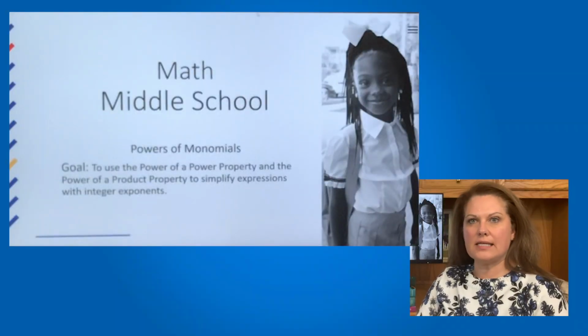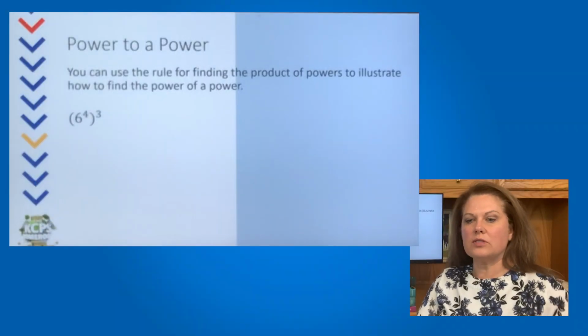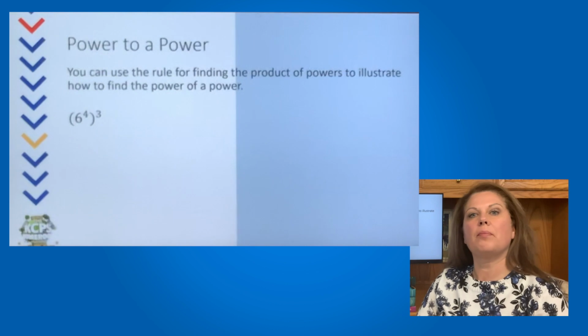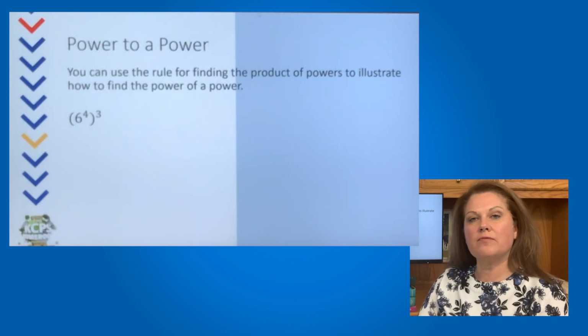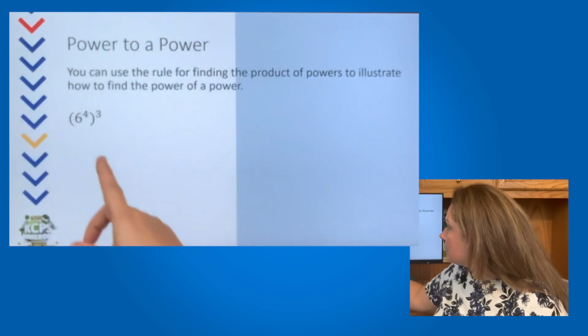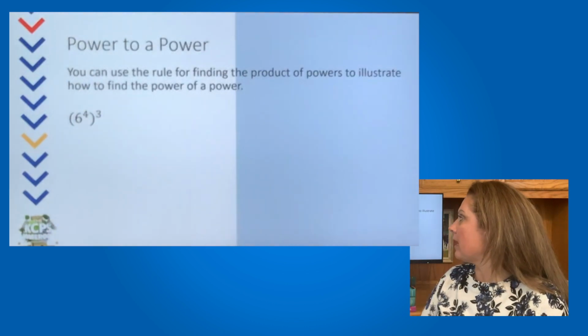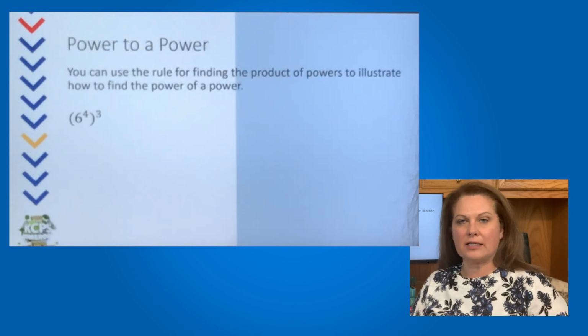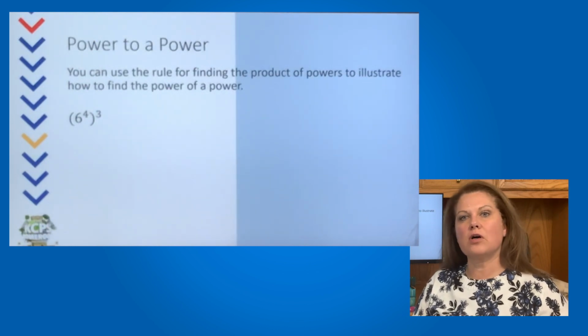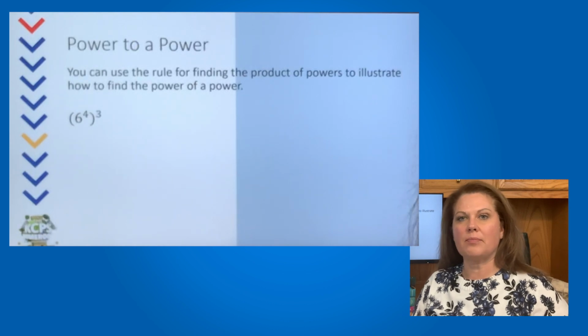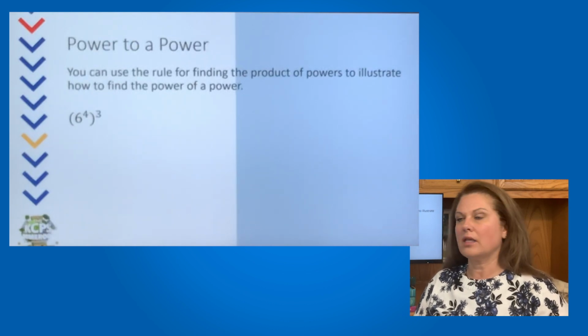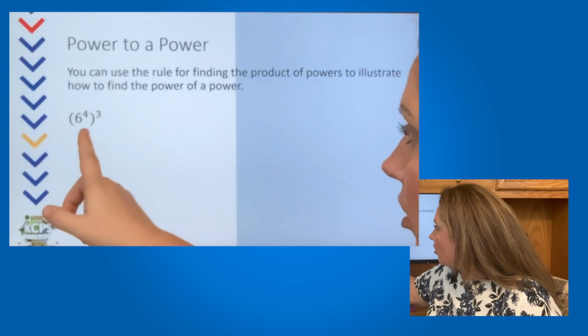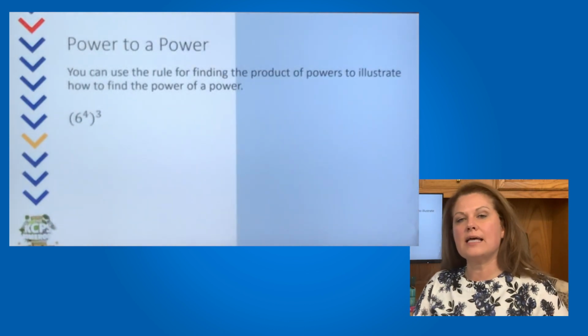In our first example, we're going to use our product of powers property to illustrate how to find powers of a power. Now in our first example, 6 to the 4th power to the 3rd power, you'll notice we have two exponents. I want you to focus on the exponent that is outside the parentheses, the 3. That tells us that our 6 to the 4th power is actually working as a base.